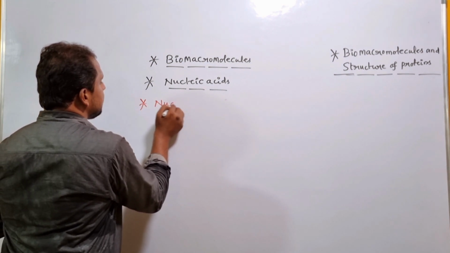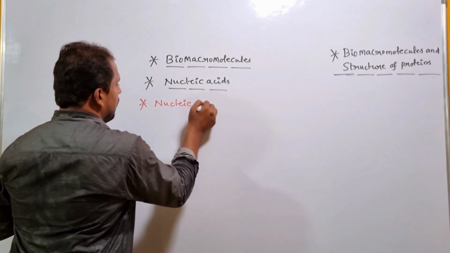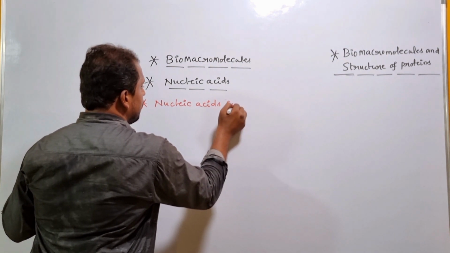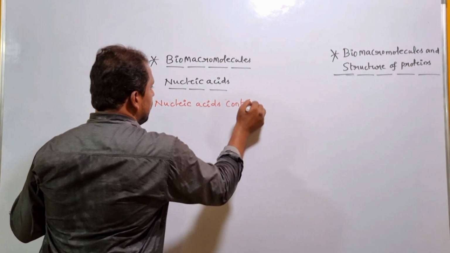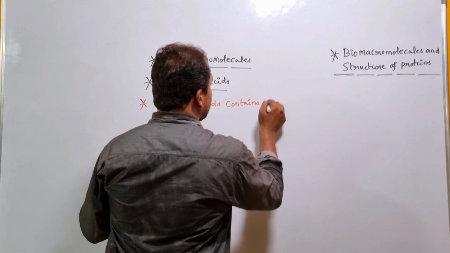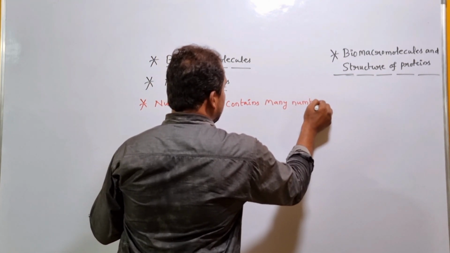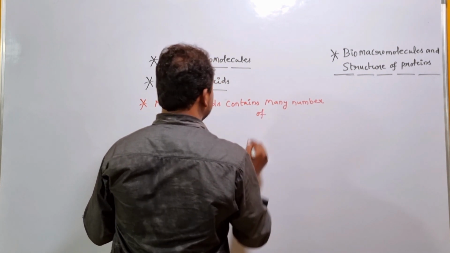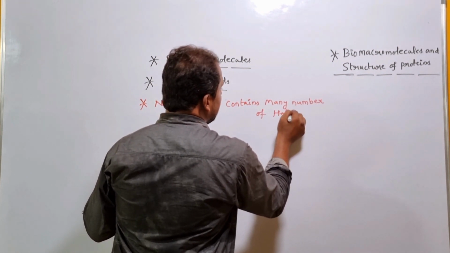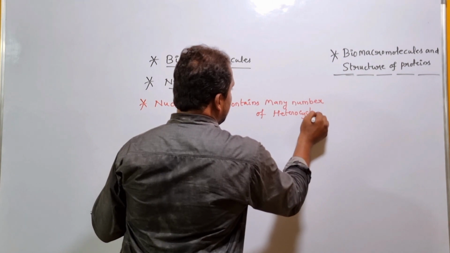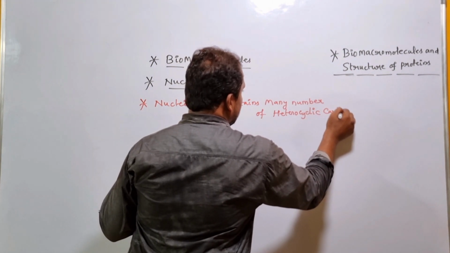Nucleic acids contain many number of heterocyclic carbon rings.